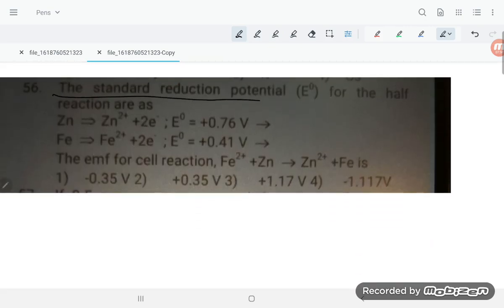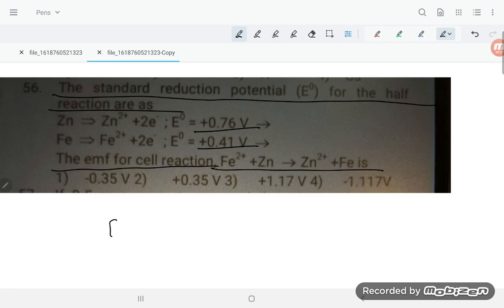The standard reduction potential for the half reaction. Zinc is there, students, and these are there. The EMF of the cell will be there. So E naught is equal to what? E oxidation potential plus E reduction potential. Which is getting oxidized here, students?